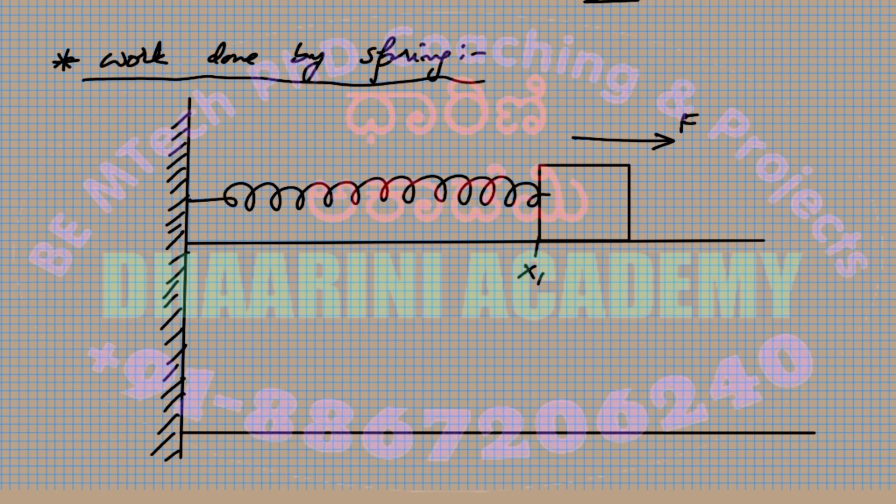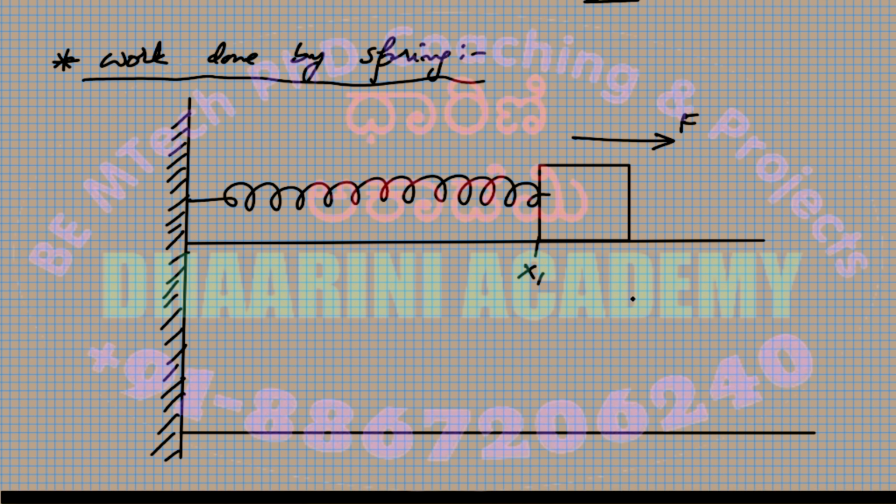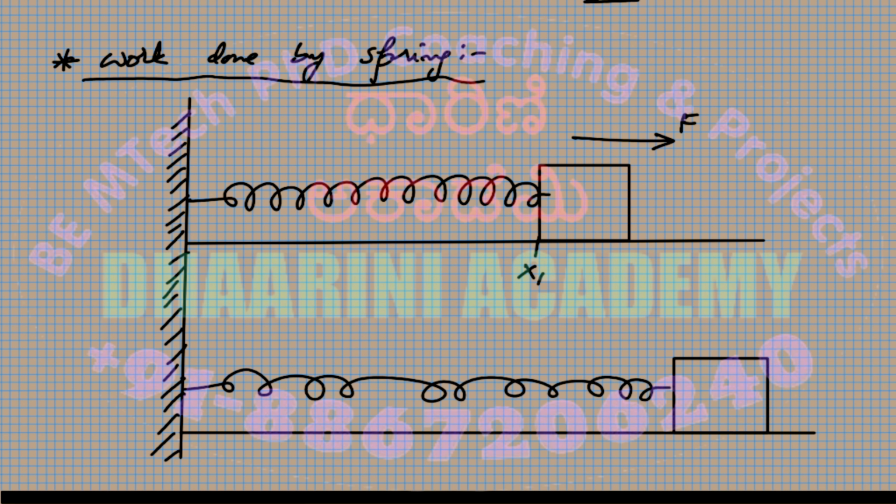Let me draw it again. So there is an object being replaced. The object moves to its new position, something like this, right? So the spring will look something like this. So now this is a new position x2, right?